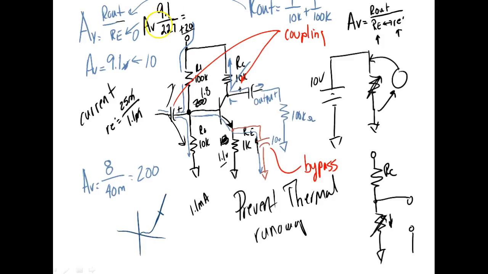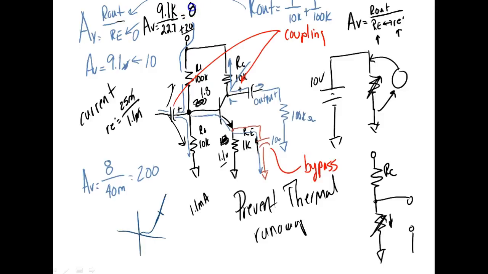Now this is truly a guesstimation. What do we expect? 9.1. Y'all remember that? I'm sorry, 9.1K. It was 9.1K. I didn't write the K up there. 9.1K divided by 22.7.